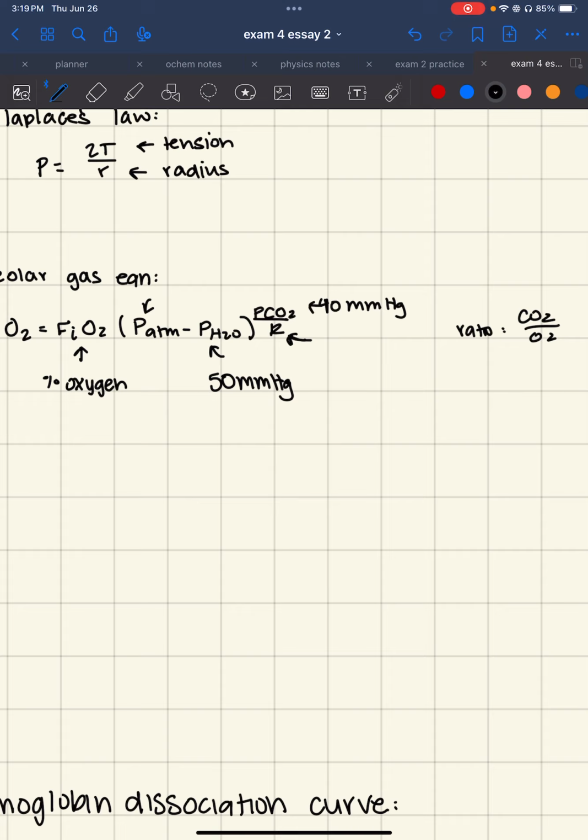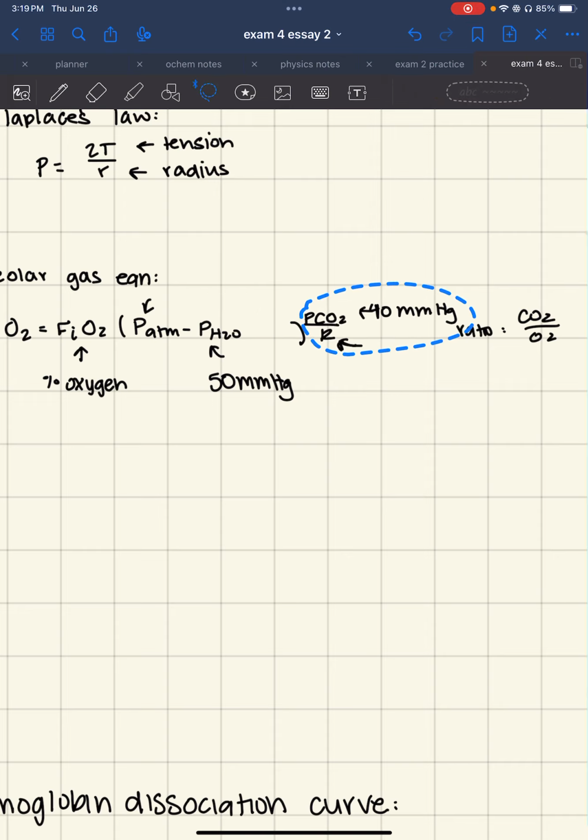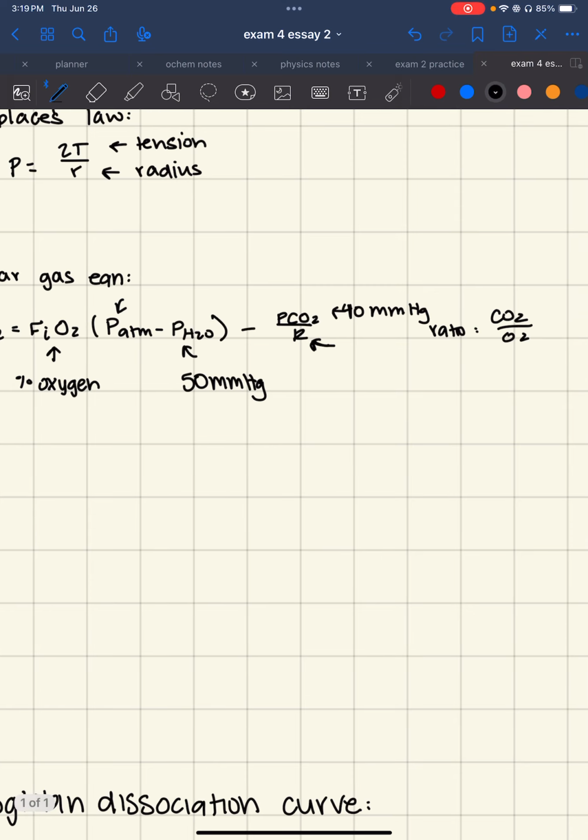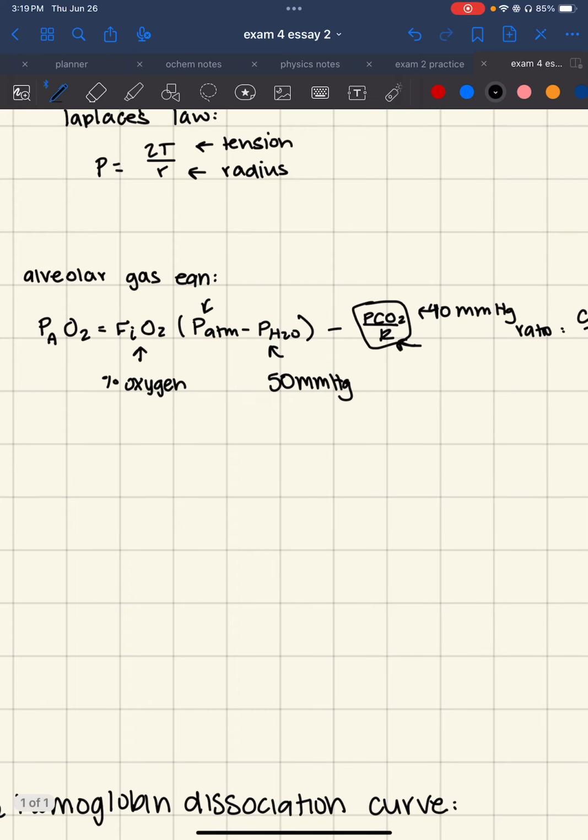So what you're doing here is you're multiplying. You subtract this. Basically, what you're doing in this whole thing is you're subtracting the amount of oxygen we've burned, right? So that is going to tell us how much oxygen we've burned in order to tell us the pressure of oxygen in the alveolus.